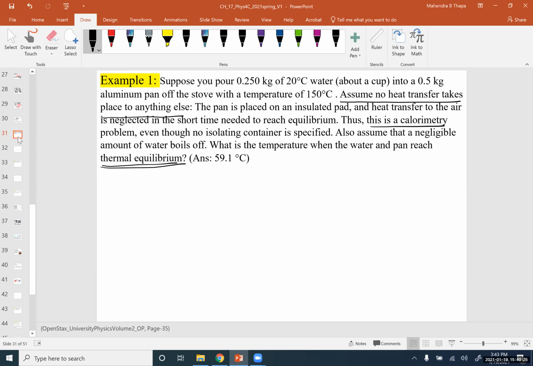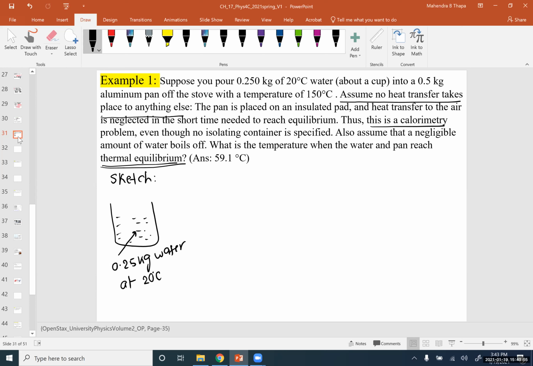Okay, so let's see the sketch, how it looks. First we have a bucket with water. According to the question, this is 0.25 kilogram water at 20 degrees Celsius.